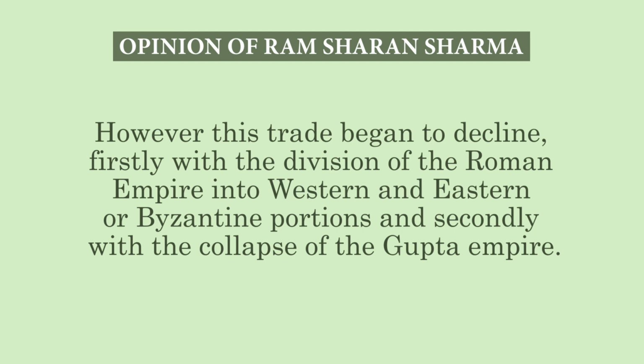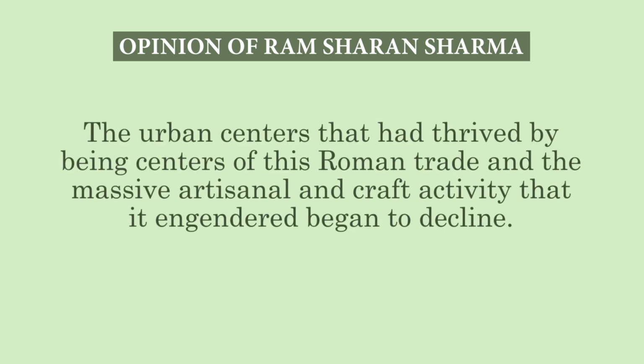Firstly, with the division of the Roman Empire into the Western Empire and the Eastern or Byzantine Empire, and secondly, with the collapse of the Gupta Empire. The urban centers that had thrived by being centers for this Roman trade and the massive artisanal and craft activity that it engendered also began to decline.